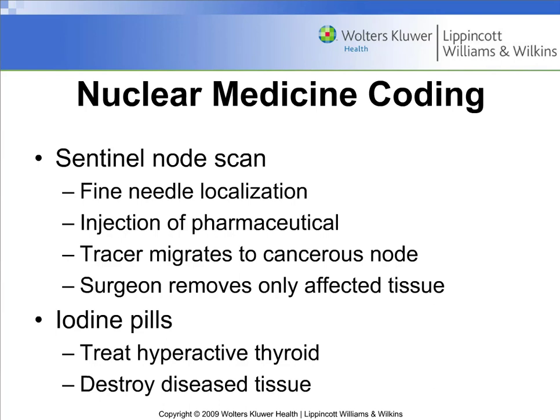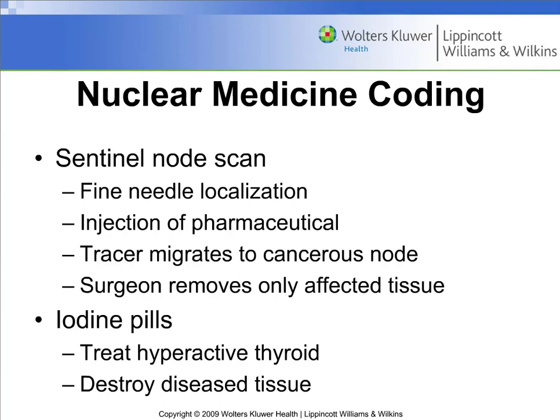A fine needle is placed in the tumor for localization purposes, and then the area surrounding the tumor is subsequently injected with a pharmaceutical. The radioactive tracer migrates to the sentinel node, and then a nuclear scan is performed to determine the location of the sentinel node. This enables the surgeon to remove only the affected lymph node and leave the other healthy nodes in place.